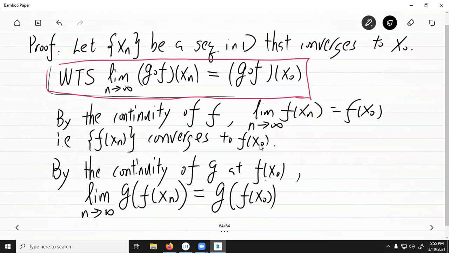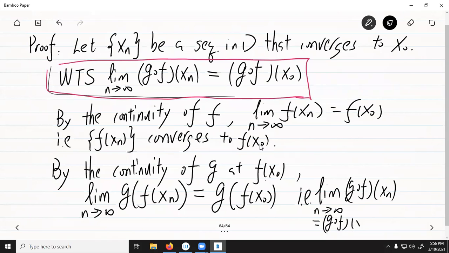That means the left side is g composed with f of xn, g circle f of xn, which is g of f of xn, equal to, sorry, there's no limit anymore, it's equal to g composed with f of x naught. The last thing is our result.